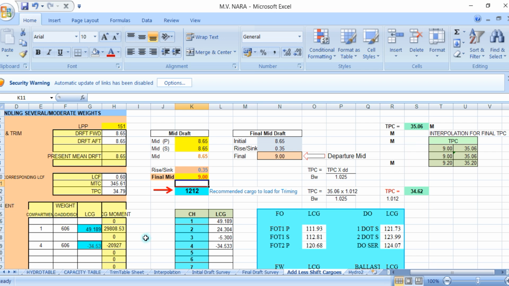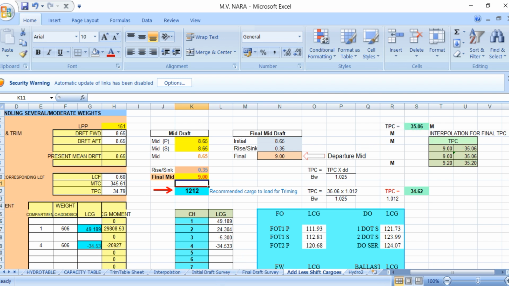Again, I repeat, in actual practice, we don't use this TPC when we want to load to a maximum cargo. What we usually do is, of your departure draft or your maximum draft, you will get the TPC. You will use this TPC in getting the remaining cargoes.